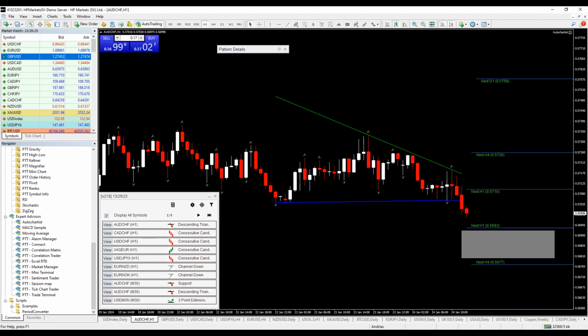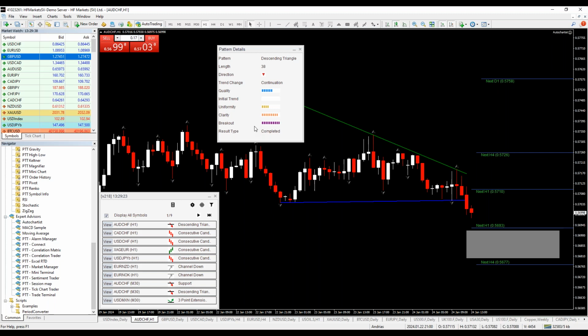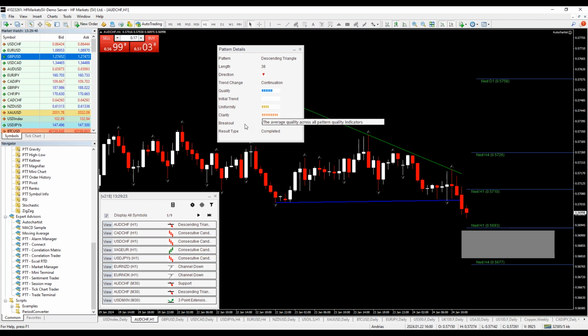But strong momentum indicates that the asset might remain in the same direction for longer. So the more the clarity, the better. It was a breakout, yes, since it broke the descending triangle.